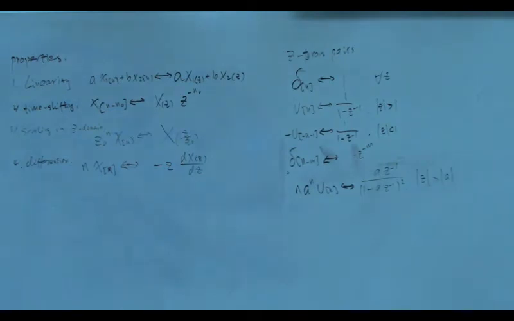Do the differentiation first, then multiply by negative z. Again, we have some other properties, but not that common. These are the most useful ones.